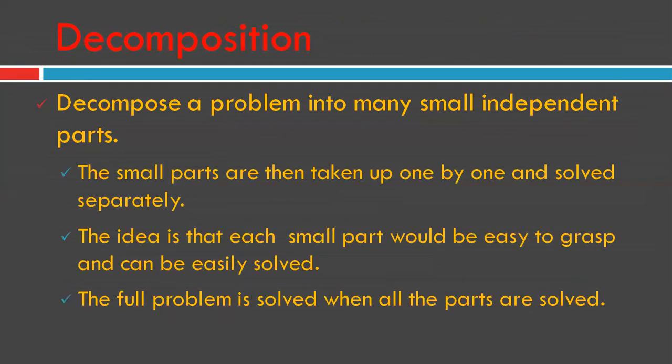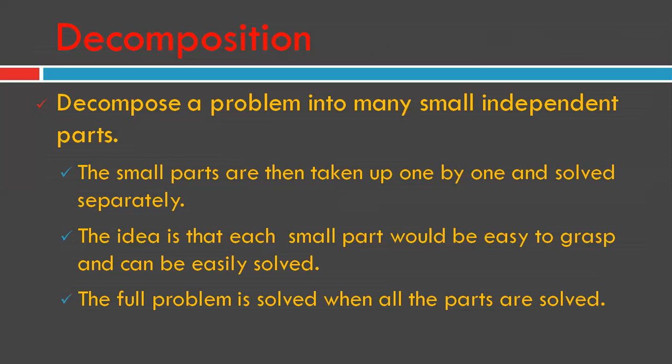In this technique, a complex problem is divided into several smaller problems, and then the smaller problems are solved one by one. However, any random decomposition of a problem into smaller parts will not help. The problem has to be decomposed such that each component of the decomposed problem can be solved independently, and then the solutions of the different components can be combined to get the full solution.